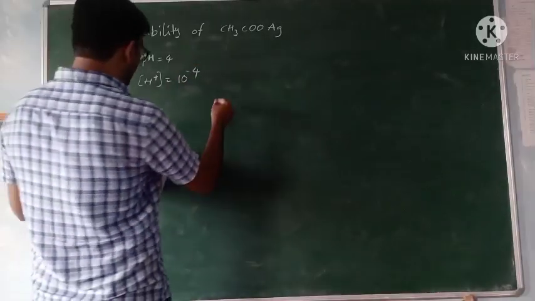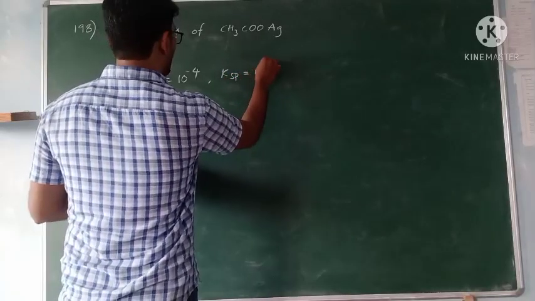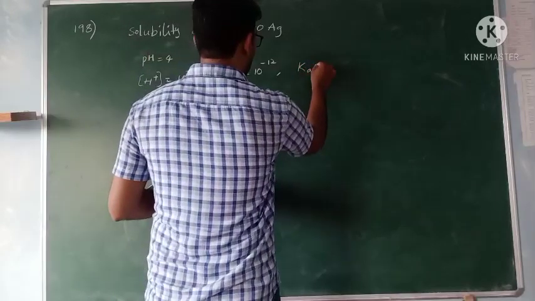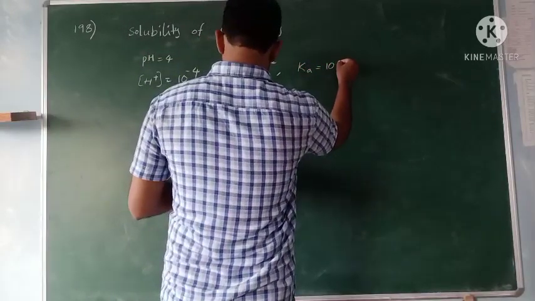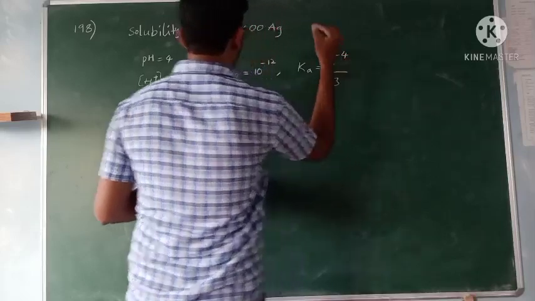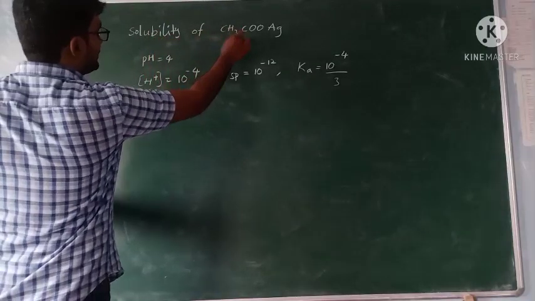And the KSP value is given, KSP equal to 10 to the power of minus 4. And the Ka value is given, Ka equal to 10 to the power of minus 4 whole by 3. Okay, this is the given information. Calculate the solubility of this salt.